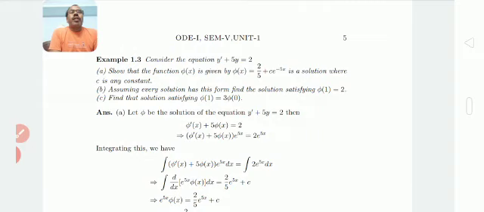Also we will consider boundary conditions, and if the boundary conditions are given, we find the solution of the same differential equation.